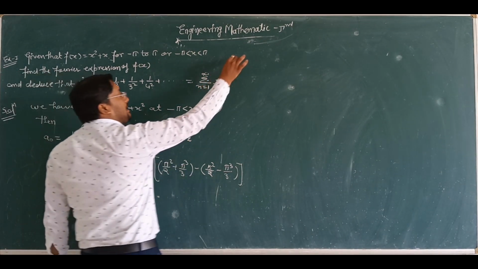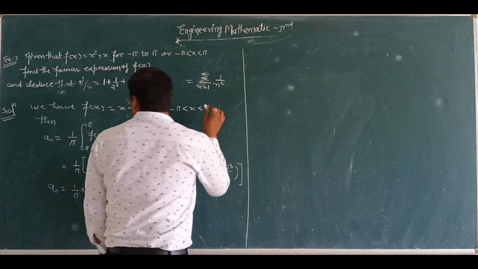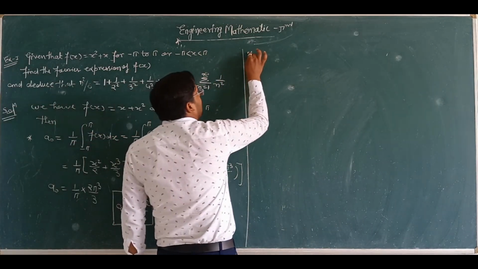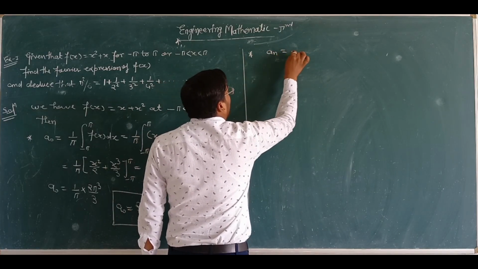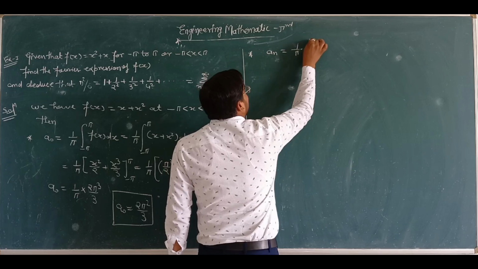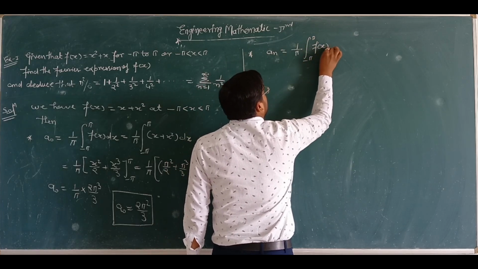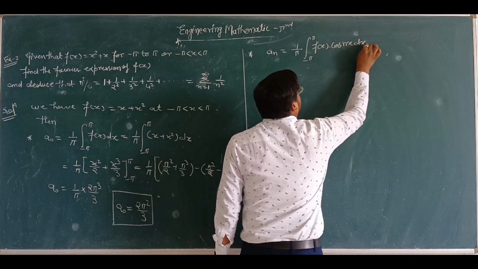Now again find the value of an. an is equal to 1 by pi integration minus pi to pi f(x) cos nx dx.